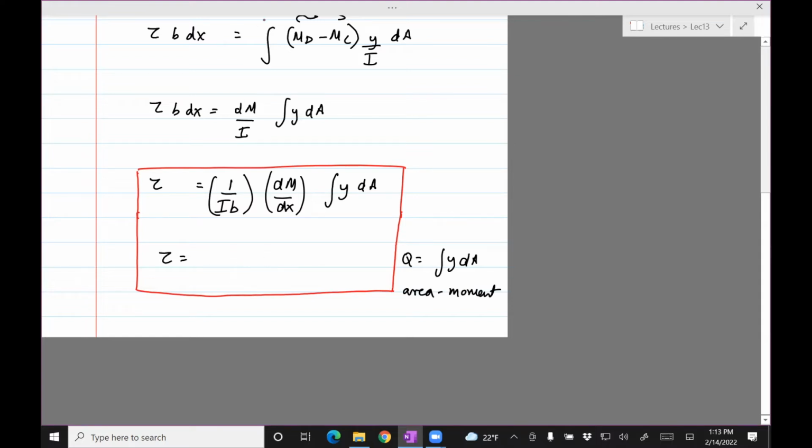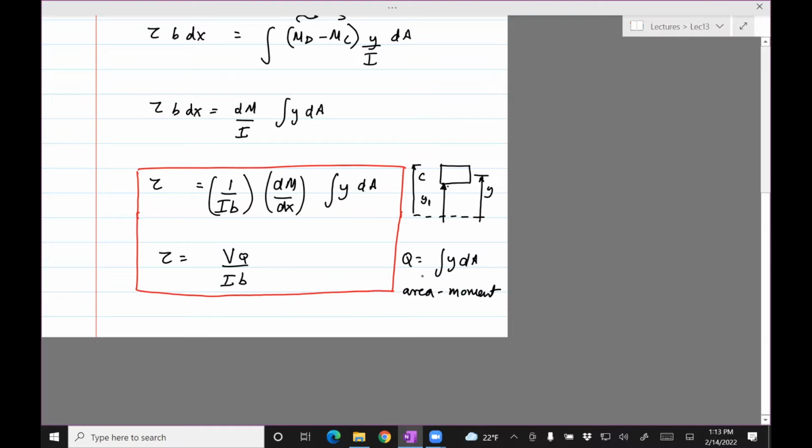A better way to write this is VQ over I b. Now, when you compute Q, what you need to do is start from the neutral axis. This was y. This is the lower limit, let's say y1. This is the upper limit c.